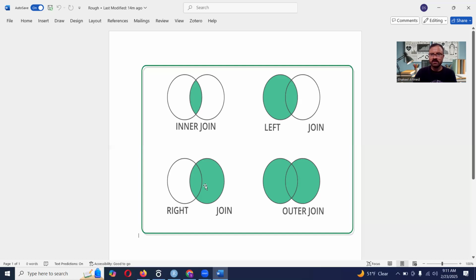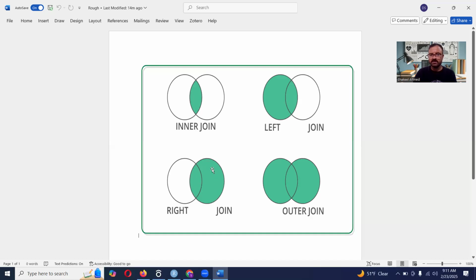Right outer means we are keeping all the values of the second data set, and we will get only the matched values that are also a part of the first data set.